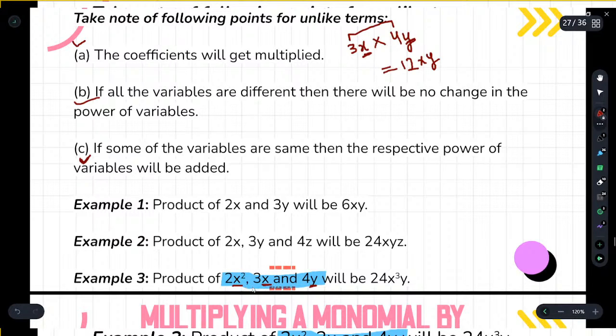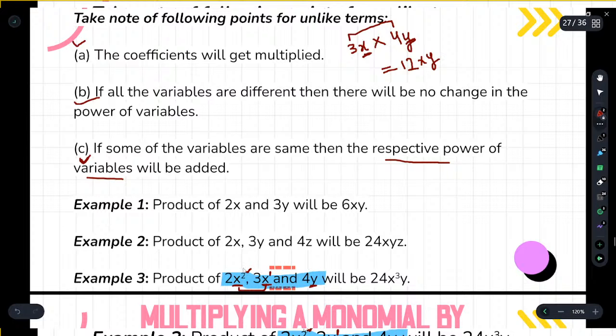Now for x square and x, the variable is the same, right? x. Only the power is different. The power here is 2 and the power here is 1. So the power is different, but the variable in itself is the same, right? So according to my third step, if the variables are the same, then the respective power of the variables will be added.